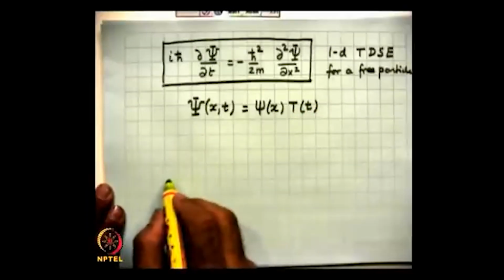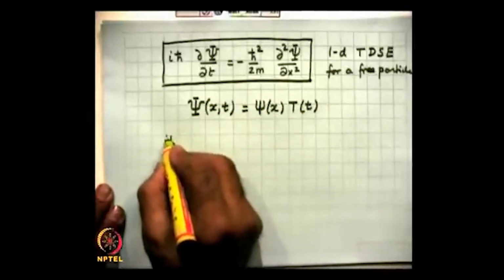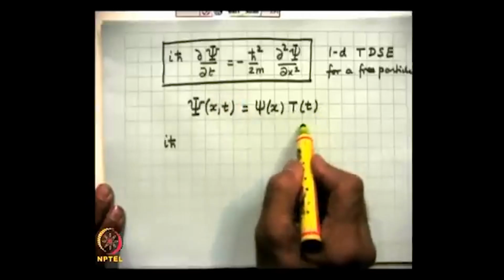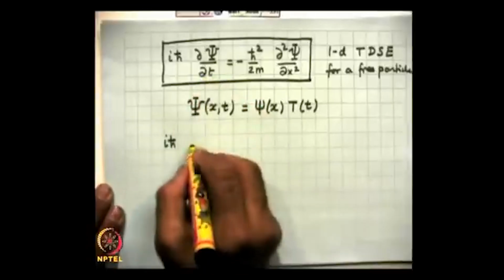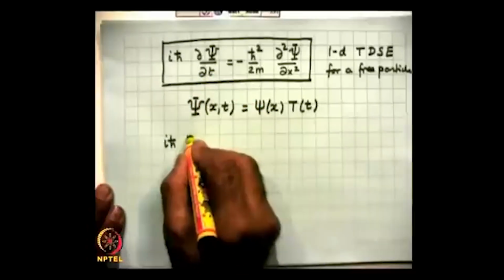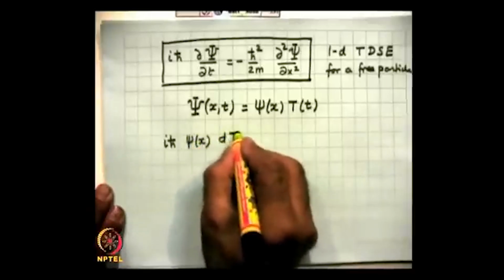So, I substitute it here. I will get i h cross. Now, when I substitute it here, I will get dT by dt, and psi can be taken out because this is partial differentiation with respect to time. So, therefore, I will get psi of x dT by dt.